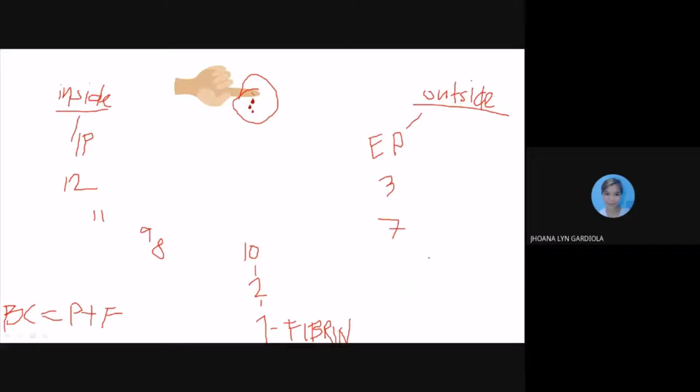So for example, we have here the dabigatran, which is a direct thrombin inhibitor drug. The dabigatran are direct thrombin inhibitors.